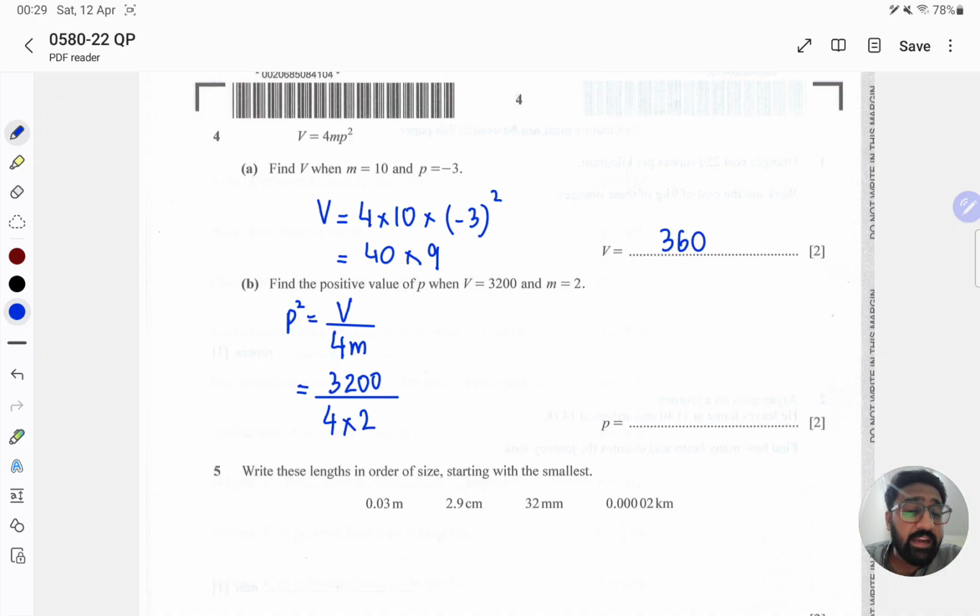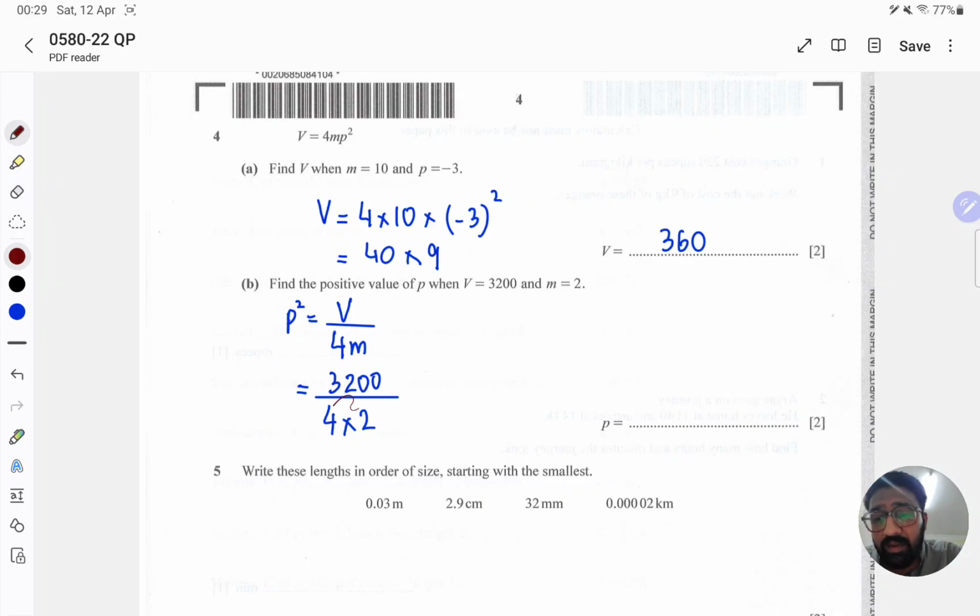Now I advise all of you not to do the multiplication when you do paper 2. Why? Because simplification is easier when you are not using the bigger numbers. With the smaller numbers, the multiplication and division are basically easier. So let's simplify.